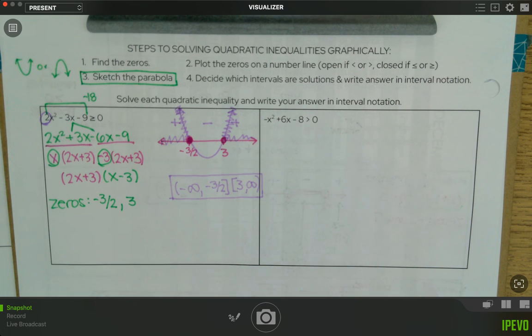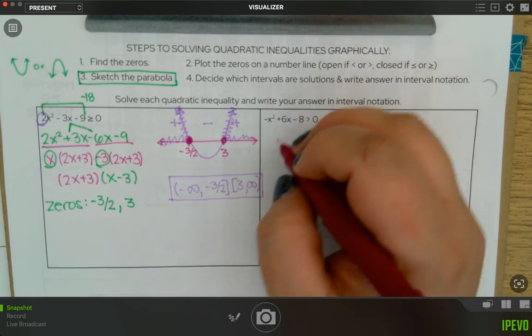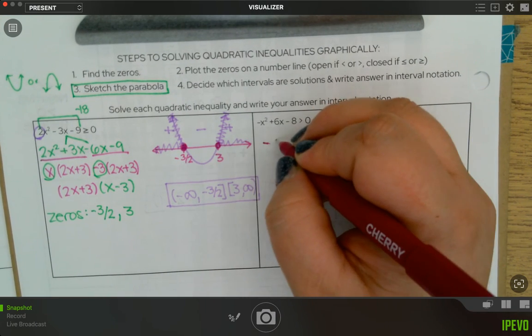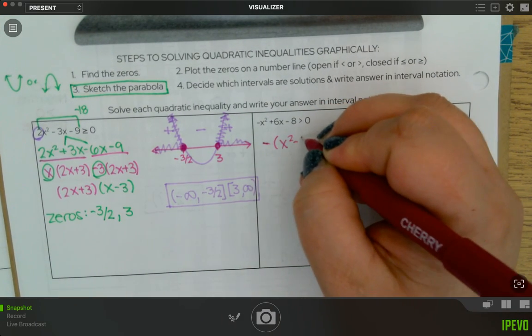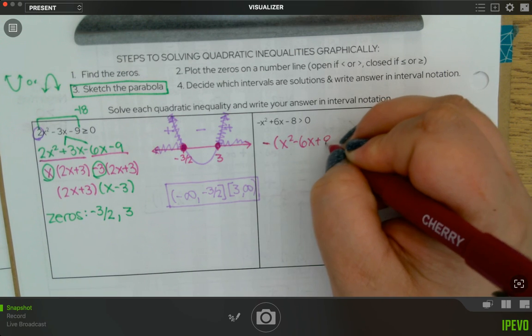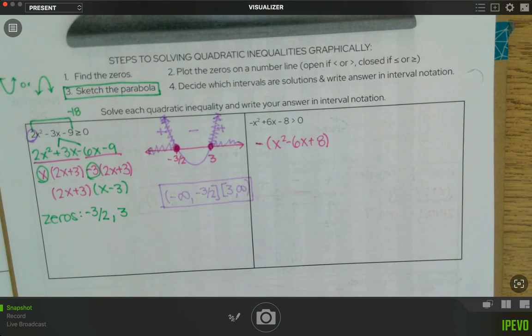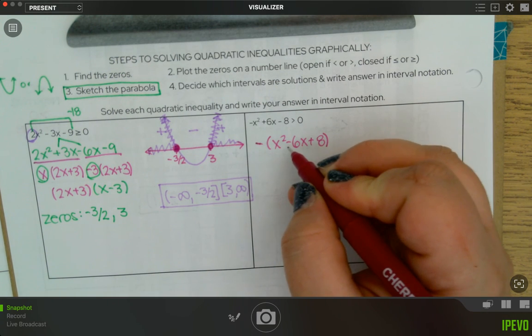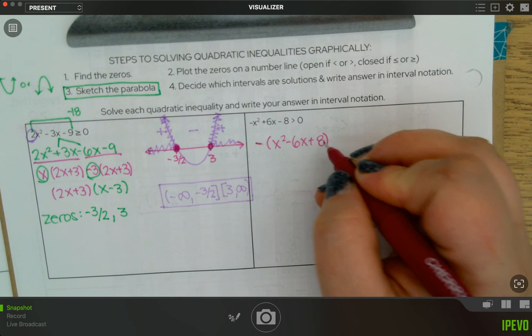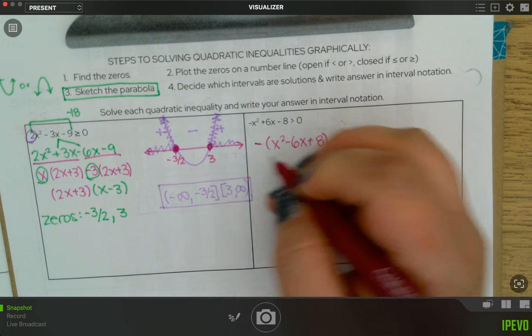And then this very last one has one slight trick to it, and that is that there is a negative out front. So what I'm going to do is take it out as a greatest common factor, like this. You can't just get rid of it, you have to put it out front. And then I need two numbers that multiply to 8 and add to -6.